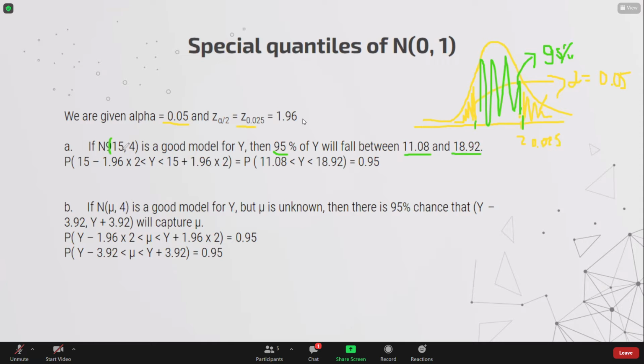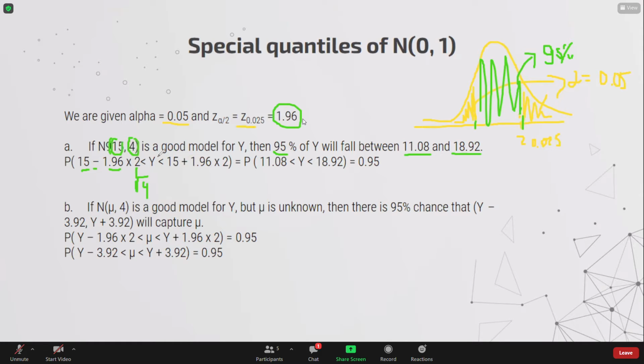We just get the first number, which is the mean, which is 15, minus the standard deviation. Not the standard deviation, but the number that we are given here. I'm sorry. Here we are given 1.96, and then we have that times the standard deviation. And the standard deviation is just the square root of the variance, which is here. And the variance is 4. It means that the standard deviation is the square root of 4, which is just 2.